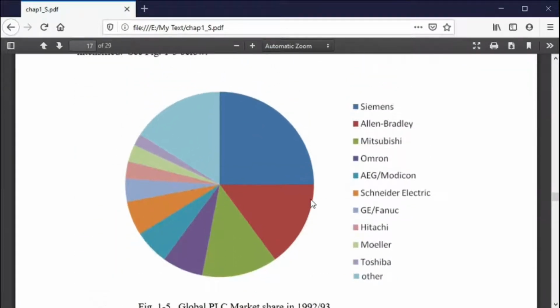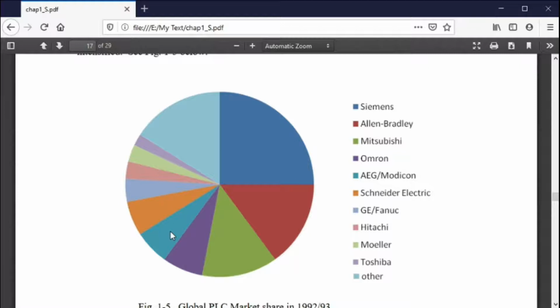See the difference? Siemens has now taken over number 1. Allen Bradley is in the number 2 spot. Mitsubishi is number 3. Omron is number 4. AEG has now bought out Gould for Modicon, and they've dipped all the way over to here. So that gives you a little bit of an idea as to the slippage of Modicon.